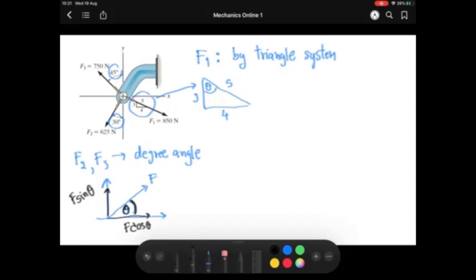So in this case, F1 will be transformed to the size of F1 sine theta plus the size of F1 cos theta. And don't forget to put i and j here, and don't forget to check the sign. For this one it is plus, and this one is minus.